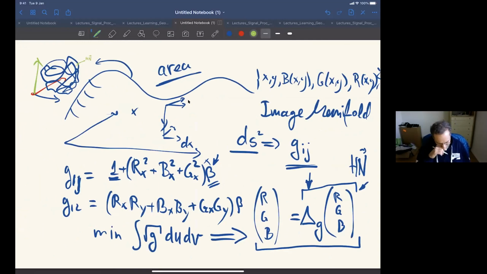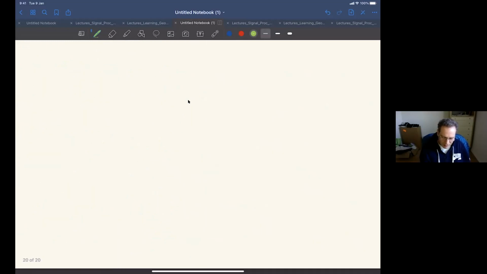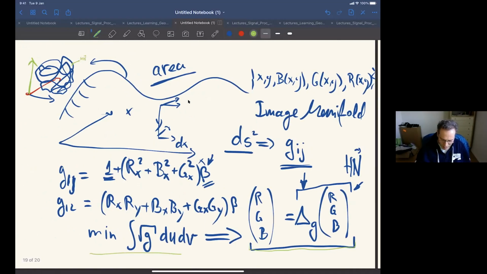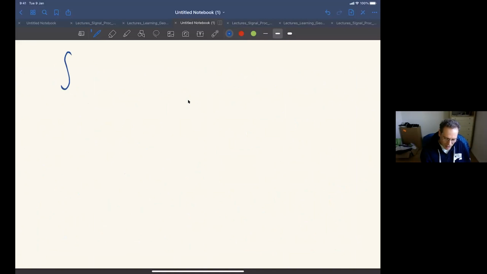Now, if I would look at the structure of the Beltrami operator on the image, not at the Beltrami, but at this term, the integration over G, du dv, would have the following form.